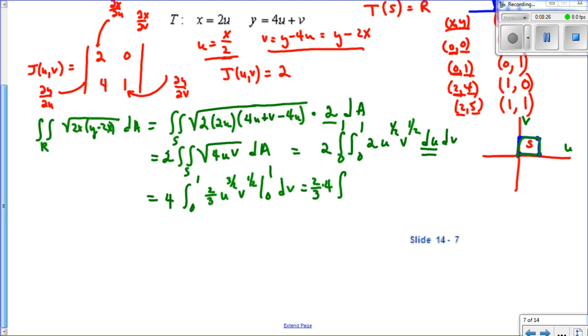So we'll have 1 for that u, so we'll have a v to the 1/2. So we've got 8/3. Integrating, we have v to the 3/2 times 2/3. And we just get 16/9.